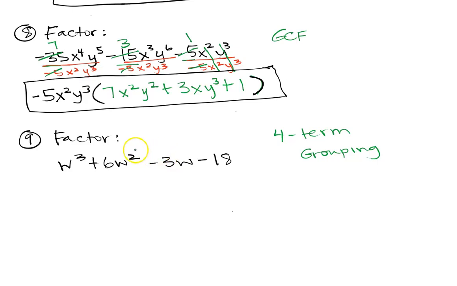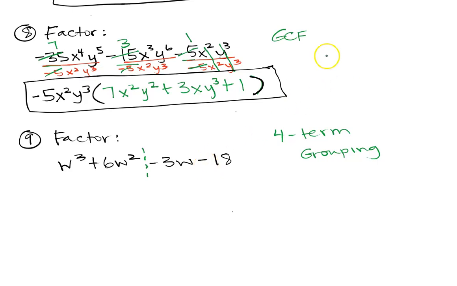Which means I'm going to split this so I have a pair of terms in front and then a pair in the back, all right? So I'm splitting it exactly in half. And then I'm finding the GCF of the first terms and then the GCF of the second terms.